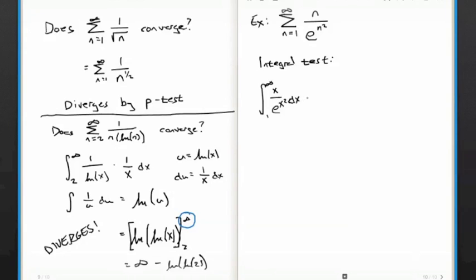I'm going to rewrite this in a way that looks a little more familiar to us, as the integral from 1 to infinity of e to the negative x squared times x dx. Alright, so now I look at this, and this to me says u substitution, right?